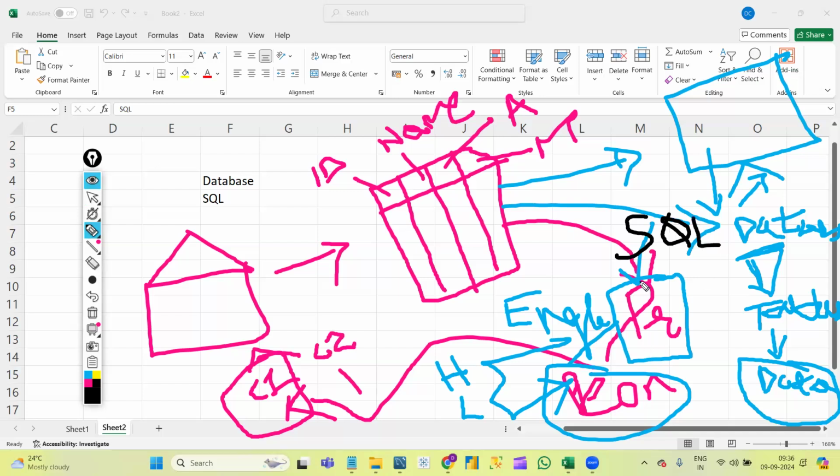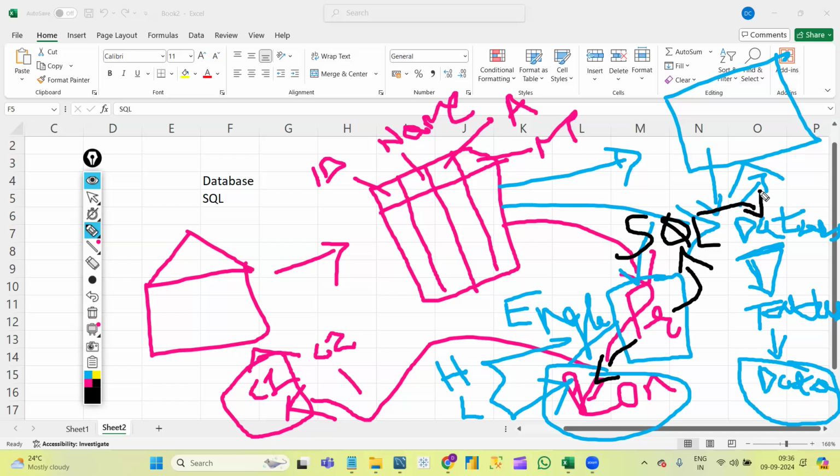As the principal used some language to make his peon understand what he wants, in the same way, if we store his students' details in the database, he should use SQL as a language to make the database understand what exactly he wants, what kind of data he wants, what his requirement is.